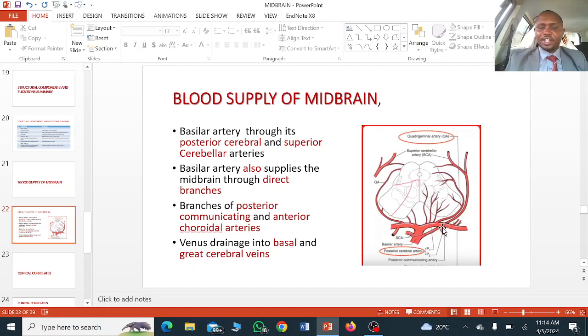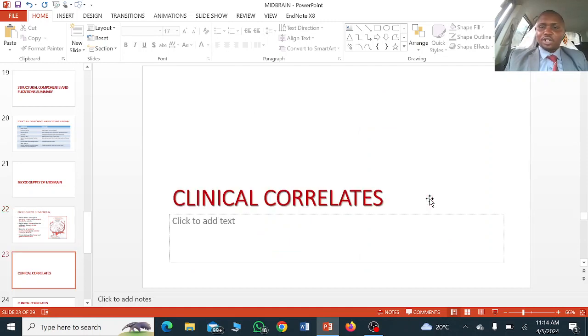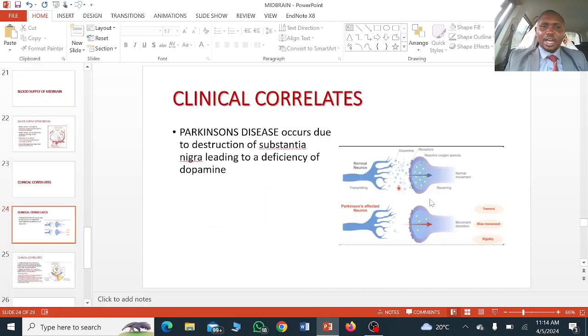This is the posterior cerebral artery, and the choroidal and the anterior choroidal arteries, and also the superior cerebellar arteries, which are illustrated over here. So it also gives direct branches which supply the midbrain, and the venous drainage is to the basal and the great cerebral veins. So we will look at the clinical correlates.